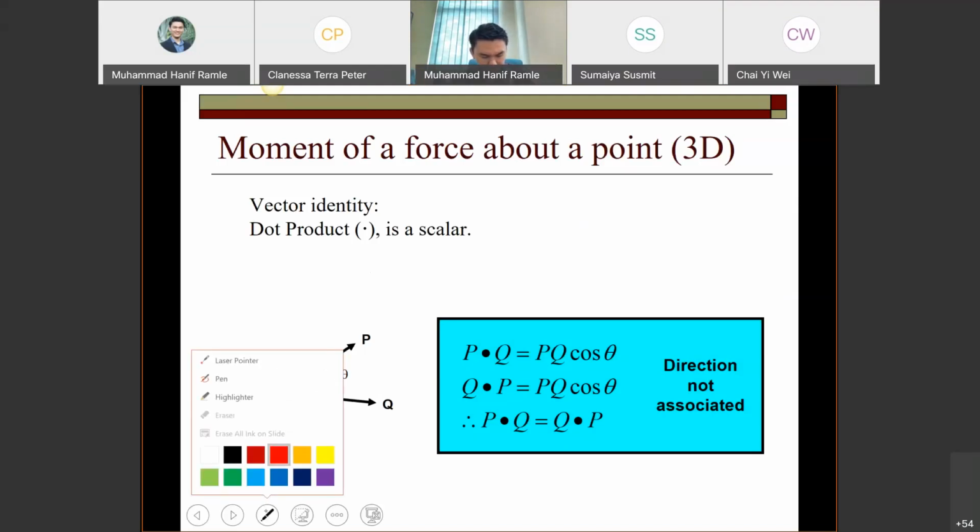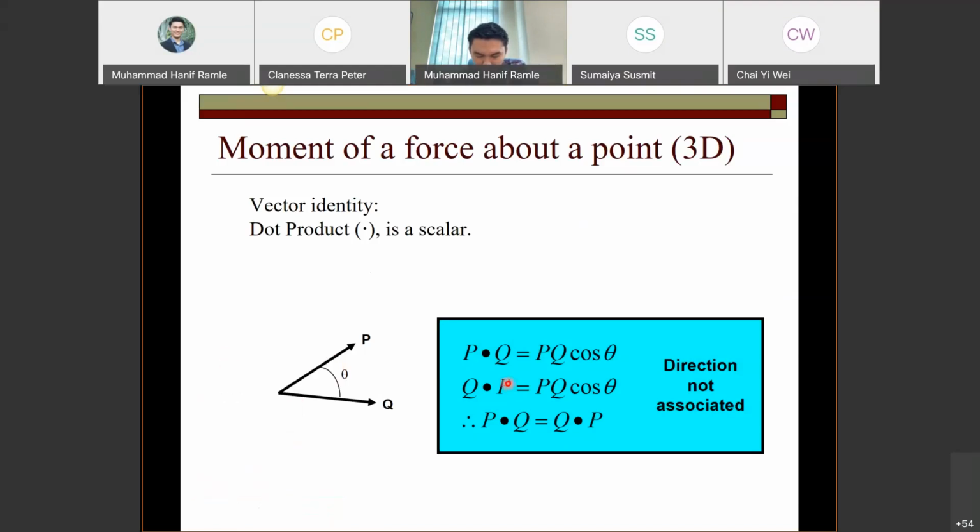If you want Q dot P, the same solution will be given, which is PQ cosine theta.